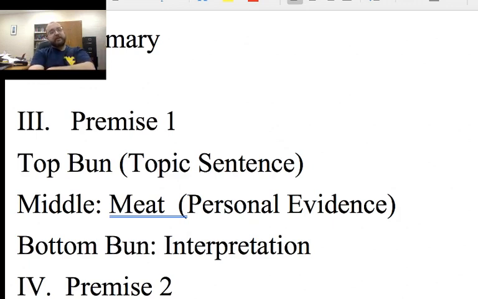It's important to have that sentence because without it, people tend to spend the whole essay summarizing. Okay? Then the meat is the middle, and this is the most important part. This is going to be your own personal evidence.